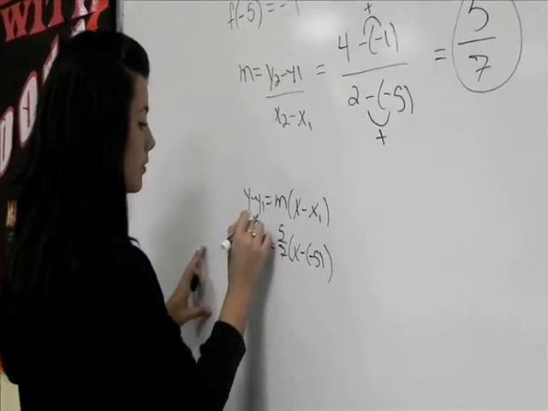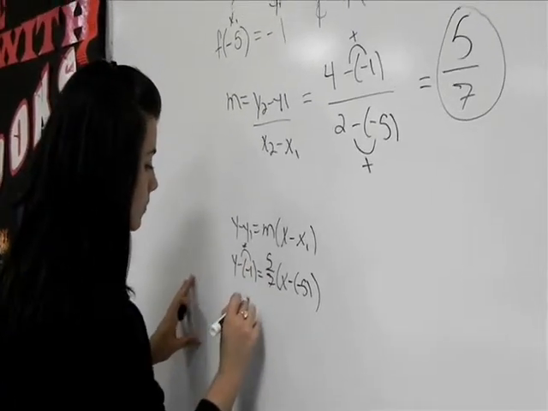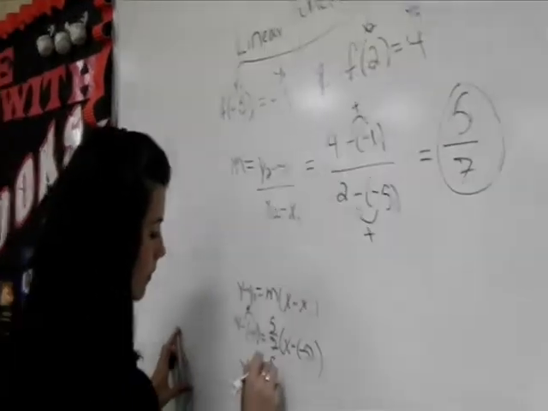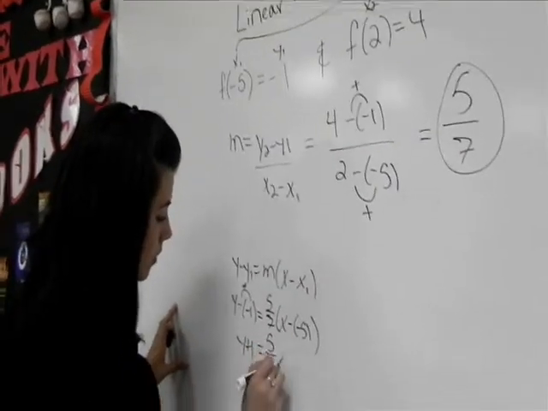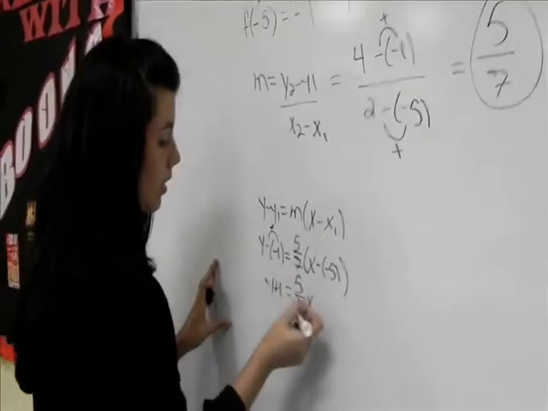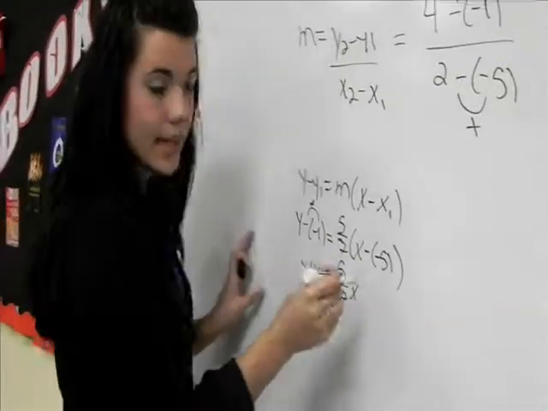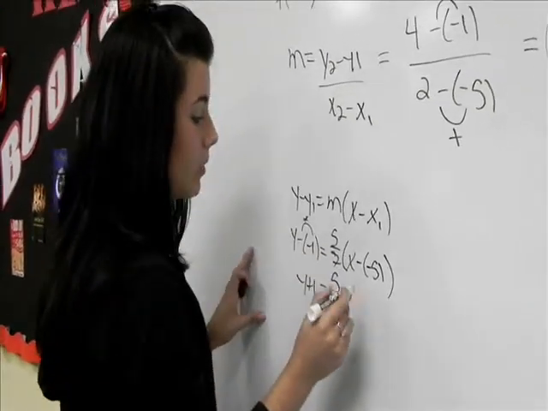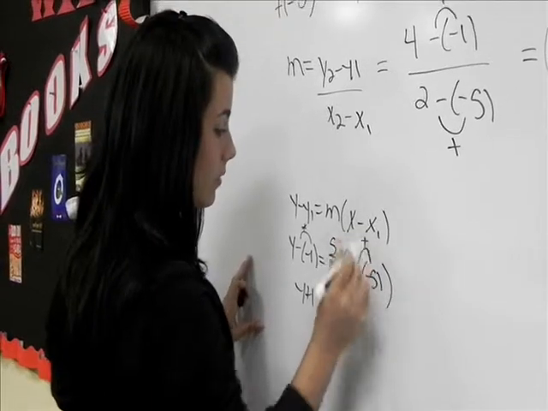This becomes a positive. And this, you do a distributive property. So you multiply 5 over 7 times x, and then 5 over 7 times positive 5.